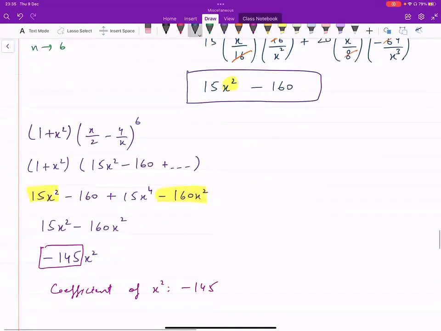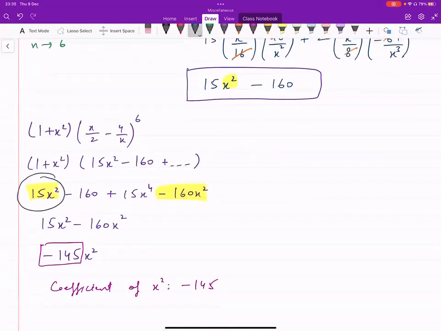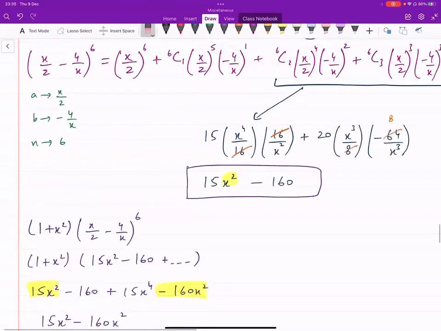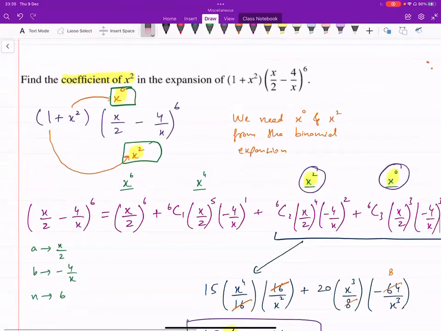You simplify them, you get that this is 15x square, this is the term that involves x square, and this is the second term that involves x square. दोनों को simplify करके we got minus 145x square, and the coefficient of x square therefore turns out to be minus 145.